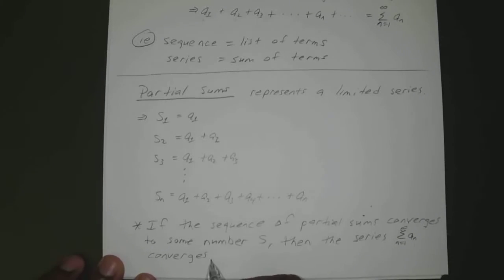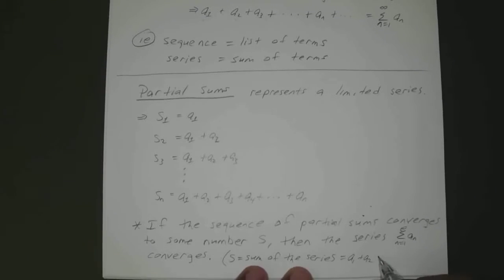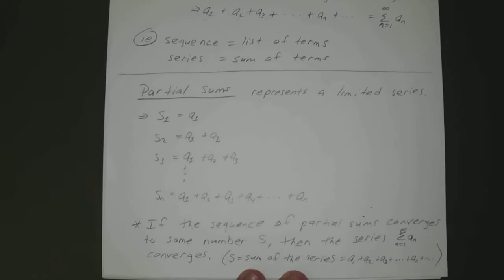All right, where in this case, S equals the sum of the series, which is your a1 plus a2 plus a3 all the way to some a sub n, and it keeps on going. So you're just adding all of them together.